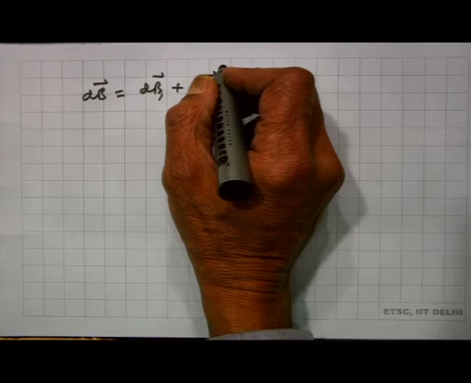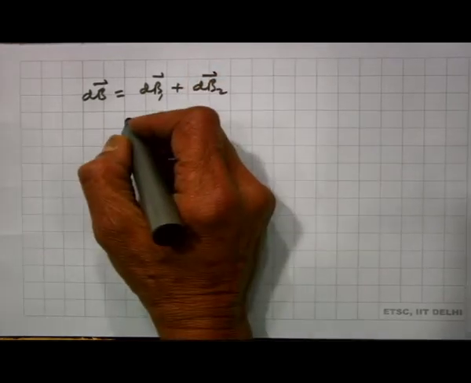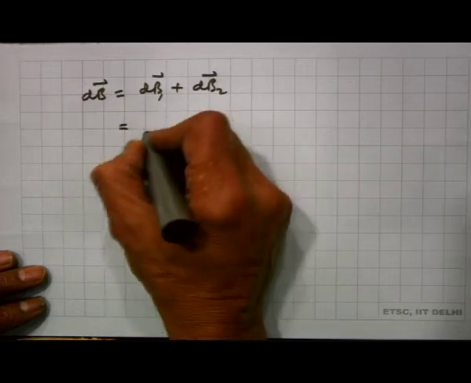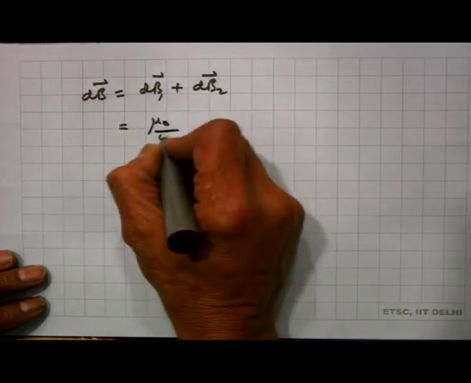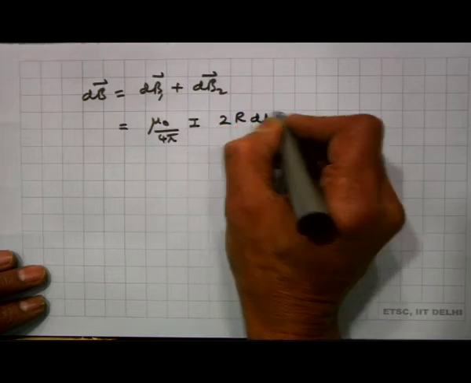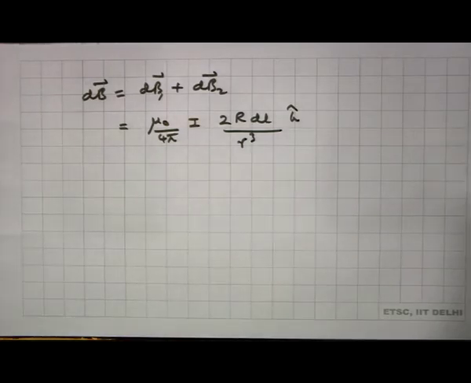So, dB1 vector is the magnetic field produced by one current element, dB2 is because of the other current element. So, if I add these two quantities, x components cancel, z components will add up, and I will get mu naught by 4 pi I into 2 r dl k cap by r cube. So, you can see the magnetic field is along the z axis.